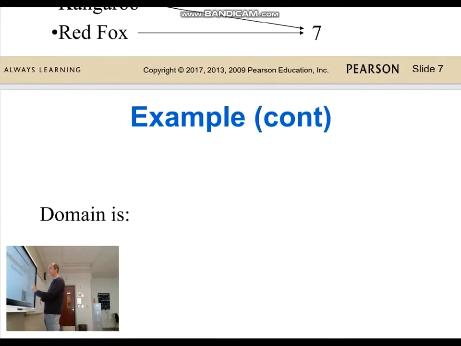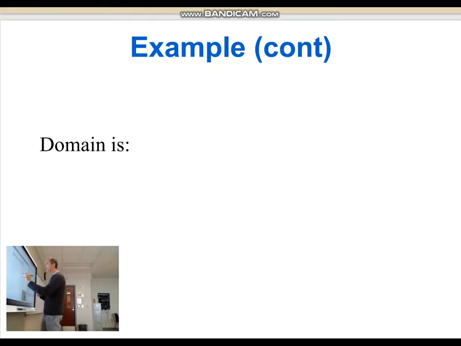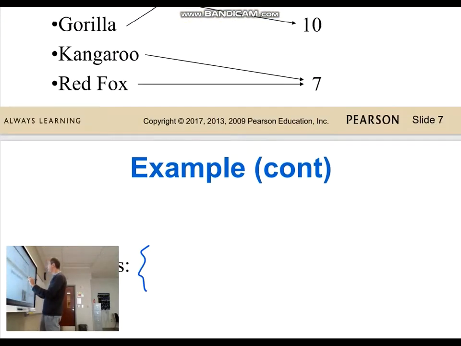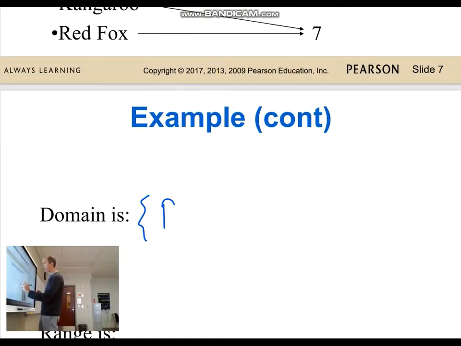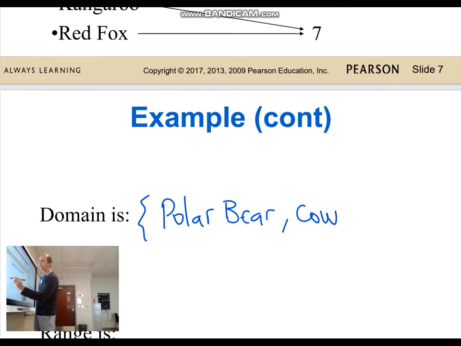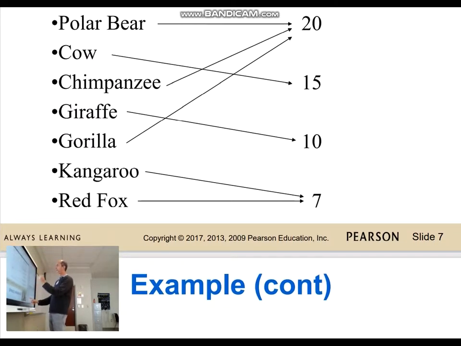So let's write down the domain. We're going to write all the animals as the domain: polar bear, cow, chimpanzee, giraffe, gorilla, kangaroo, red fox.